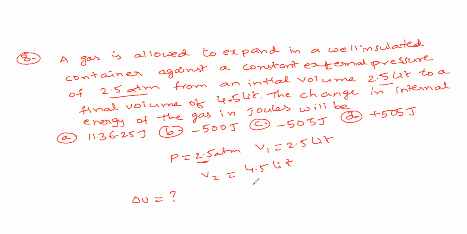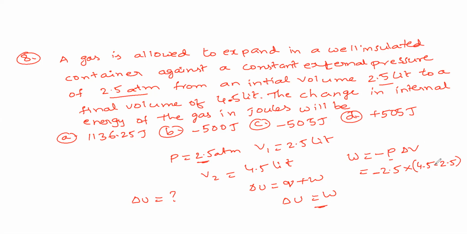So we know delta U is equal to Q plus W. In this case, it is an adiabatic process, so Q is equal to 0 and W is equal to minus P delta V. P is the external pressure, 2.5 atmospheres, into delta V. So minus 2.5 into delta V. Delta V means 4.5 minus 2.5, which is 2.